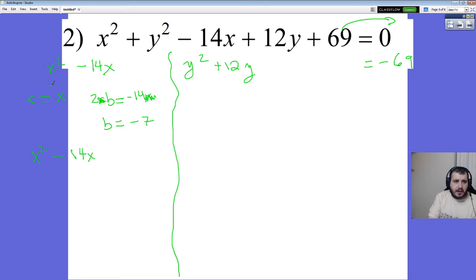And you should expect the first two terms to always come out right, and then you can just take the b, square it, and you get 49. We're going to put a plus 49 over here since there's one over here. And we're going to break it down.